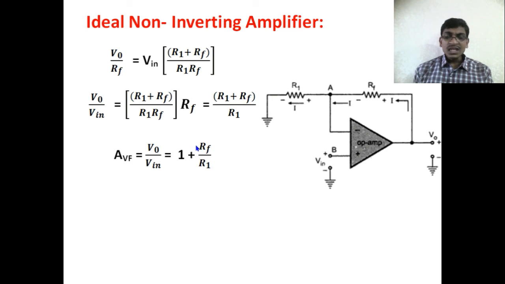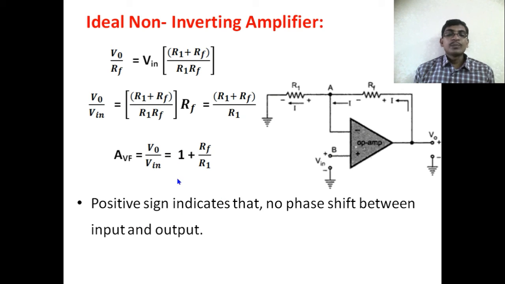One thing we can observe here is that the gain of the non-inverting amplifier is definitely greater than 1. Okay, because the minimum is 1, because 1 is there, 1 plus this thing. Even if Rf by R1 is 0, the gain must be equal to 1. Okay, the positive sign here.